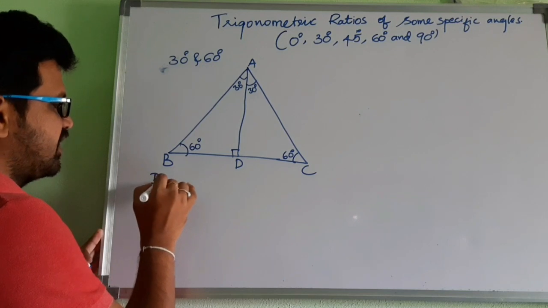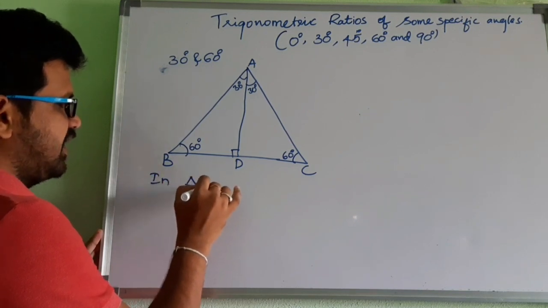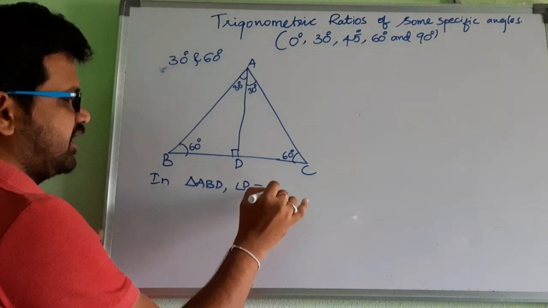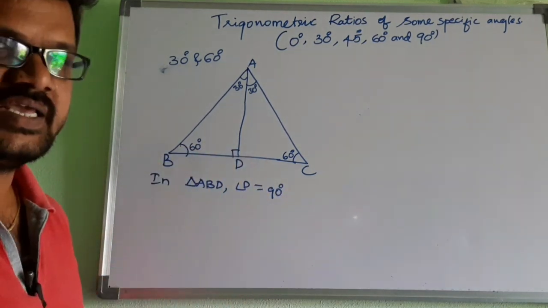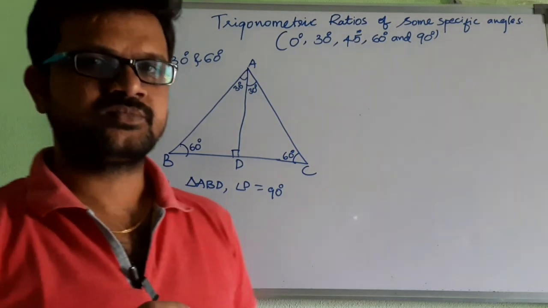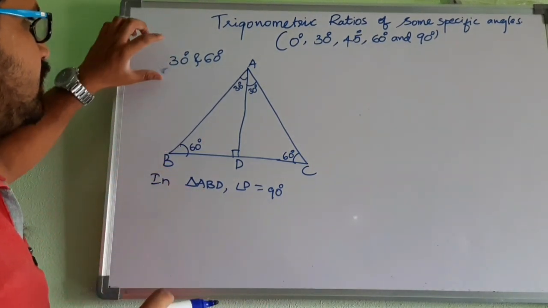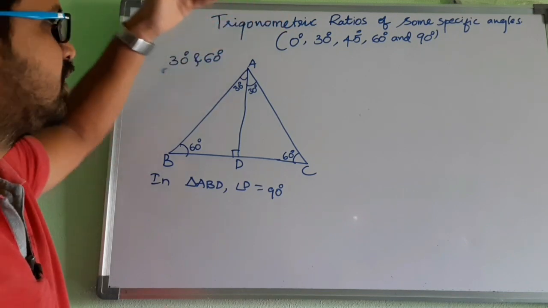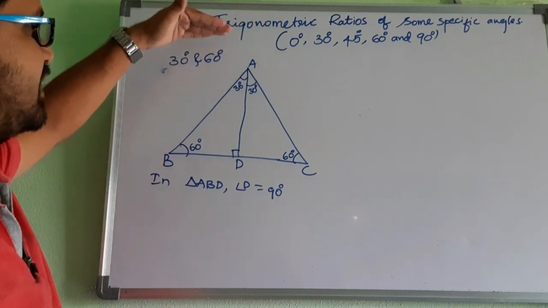Right. In triangle ABD, why? Because angle D is 90 degrees. Here we have to find the values of sine 30, cos 30, tan 30, and so on, and sine 60, cos 60, tan 60, and so on.